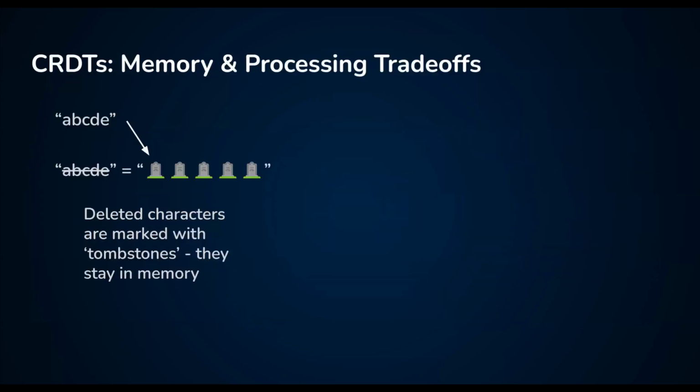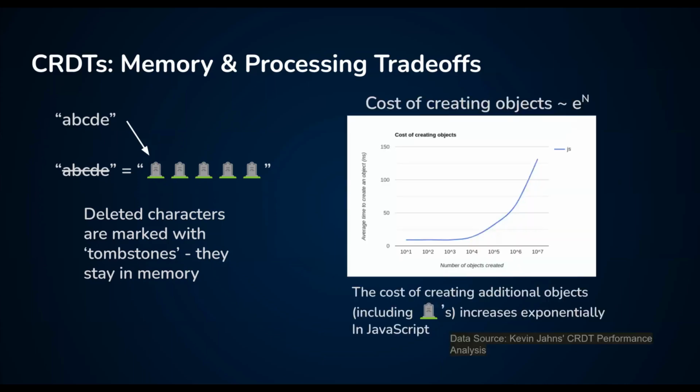CRDTs enable distributed editing and real-time collaboration without the need for a central authority, but this does come with certain memory and processing trade-offs. As shown on the left, CRDTs keep deleted characters as tombstones in memory to maintain consistency, leading to increased memory usage. The chart on the right illustrates the performance implications of this approach.